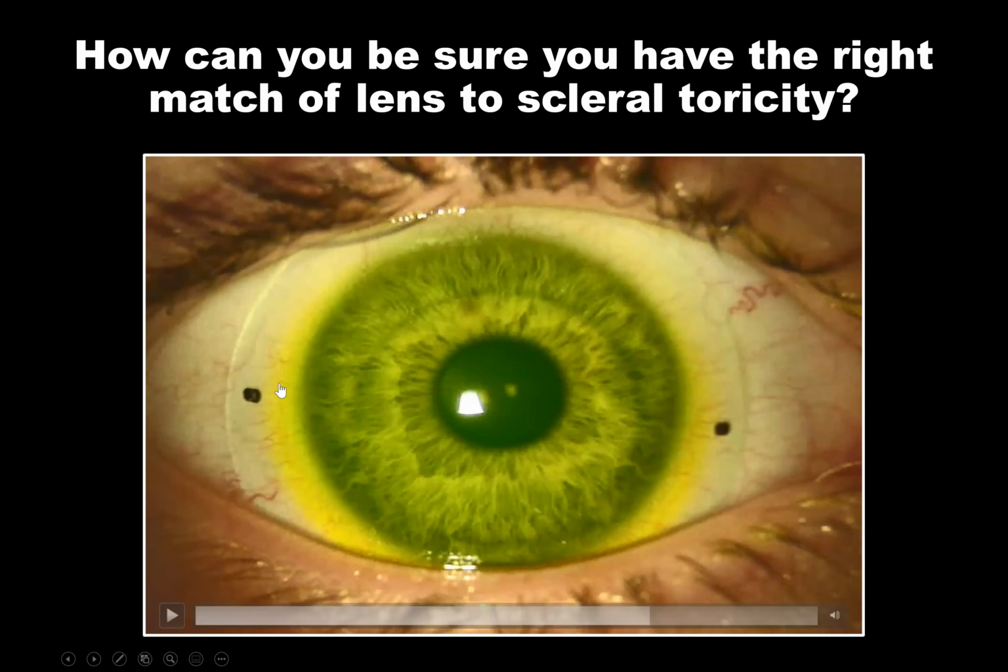So we need to decrease sagittal depth. So that's a very important tool, or method that you can use when you're trying to determine, do I have the appropriate landing? If my lens is not rotationally stable, use the fluorescein test. If the patient is uncomfortable in the lens, use the fluorescein test.